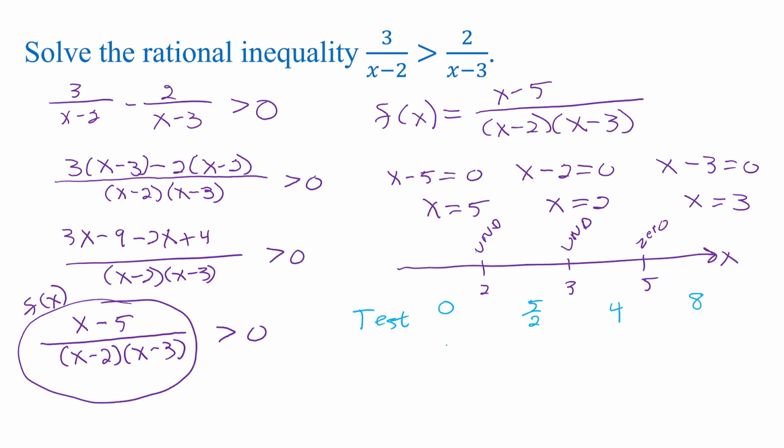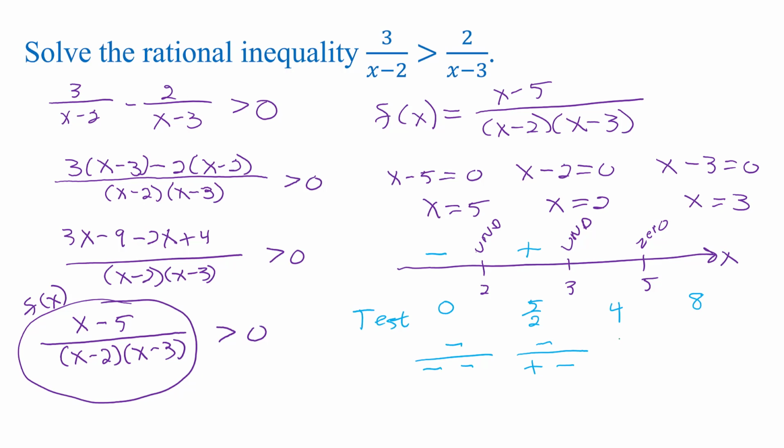0 minus 5 is negative, over 0 minus 2 is negative, times 0 minus 3 is negative, resulting in negative values for y to the left of x equals 2. Between 2 and 3, plugging in 5 halves, we would have 5 halves minus 5 is negative, over 5 halves minus 2 is positive, 5 halves minus 3 would be negative, so we get positive y values here.